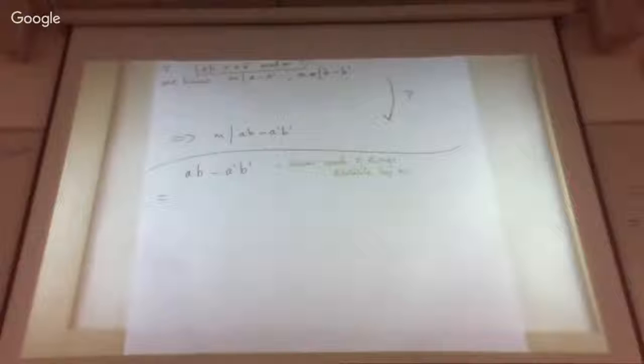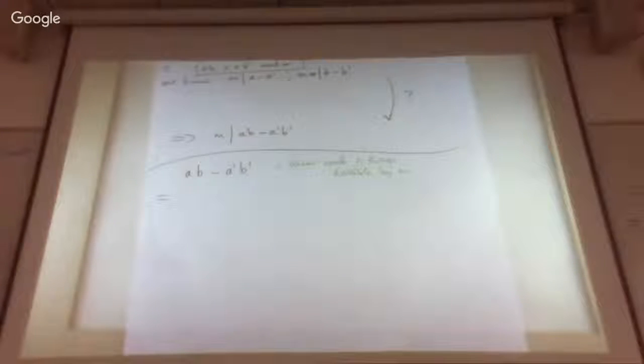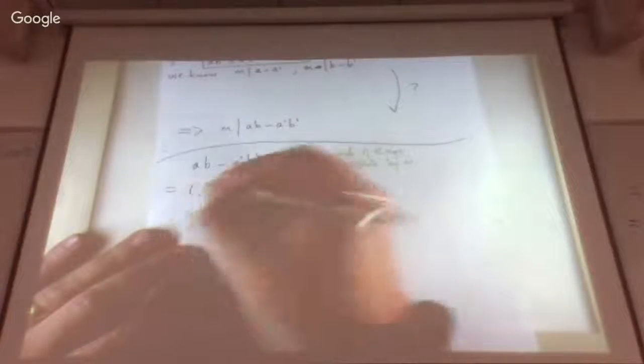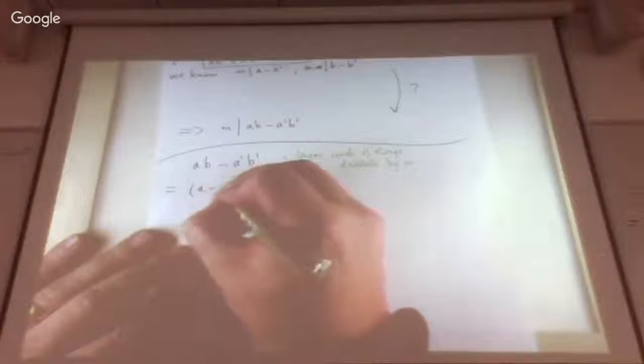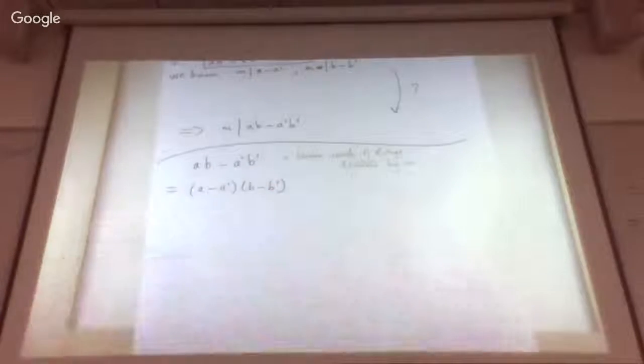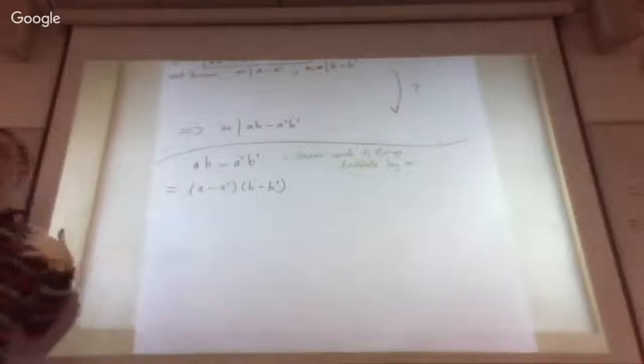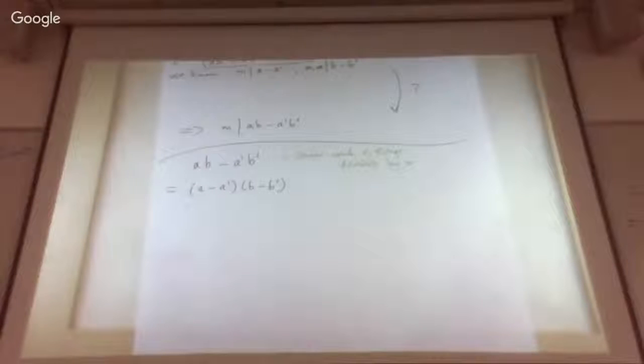Because if I can get it as a linear combination of things divisible by M, then I'll know it's divisible by M by appealing to our theorem 2.1 part 3. So the thing to try is to write it as the product of these two things, which I know to be divisible. Both of those are divisible by M. So the product of them is certainly divisible by M.